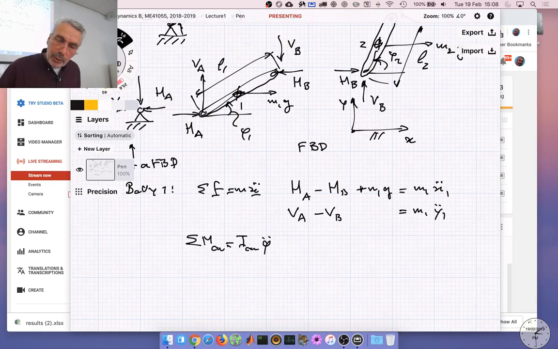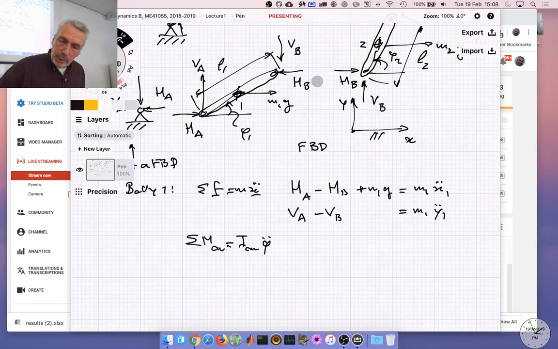And of course the center of mass is exactly at half of the length, L over 2. So we need to know the sum of the torques at the CM. So, and the only forces, well, this one and this one and this one and this one, they all contribute to this torque, right? And since the angle is in this direction, so counterclockwise is positive.